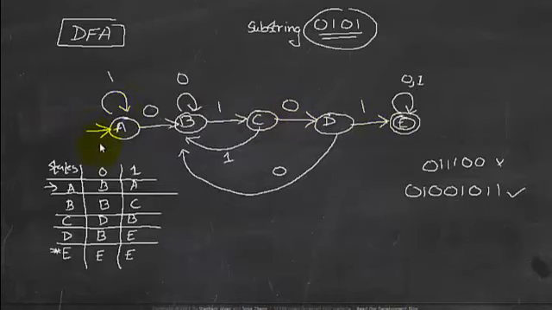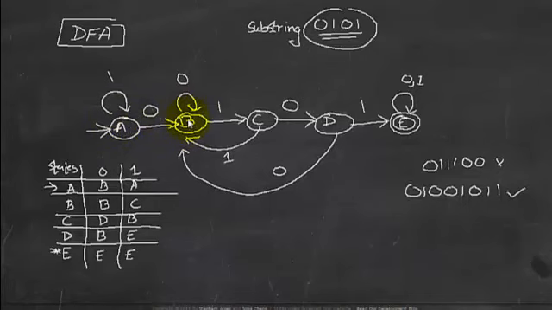A DFA considers all the possible outcomes when all the alphabets are given. For example, if 0 is given, it goes to the next state, but if 1 is given, it stays in the start state, as many ones as come. If 0 is encountered, it goes to the next state.